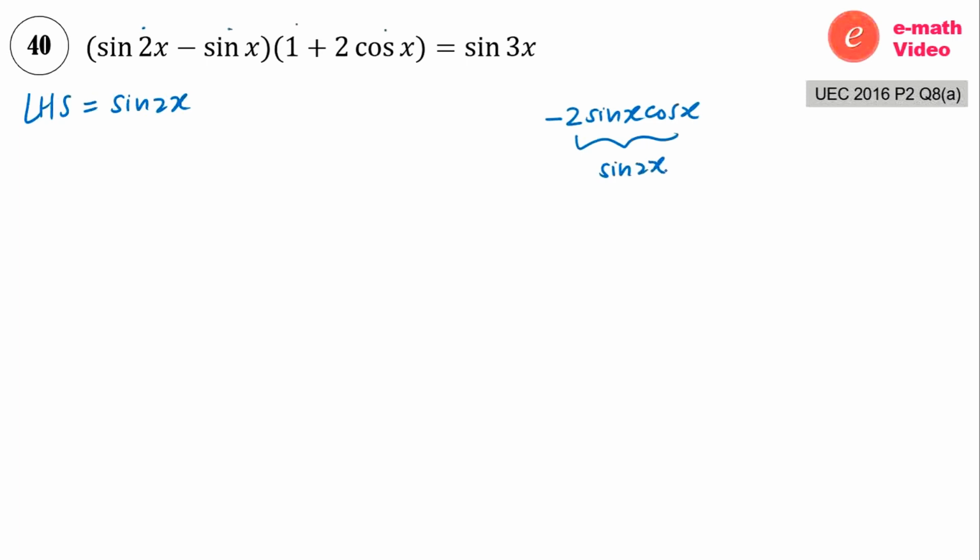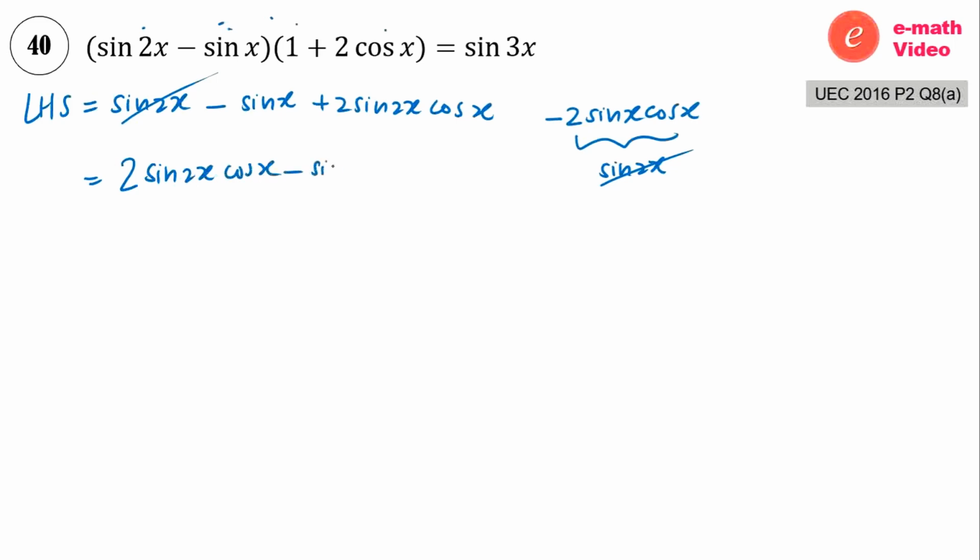Okay? And this time this is negative sine x. This time this is plus 2 sine 2x cos x. Okay? Sine 2x and negative sine 2x can cancel. And I rearrange it. 2 sine 2x cos x minus sine x.